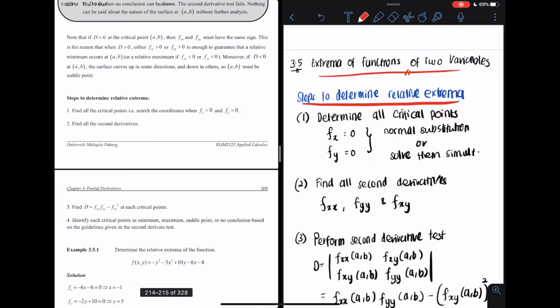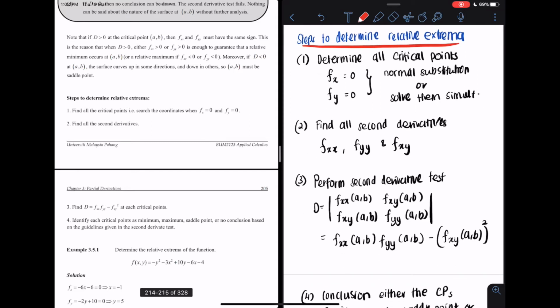Sometimes the x and y coordinates can be obtained from the first order partial derivatives, or you can solve the first order partial derivatives, equate them equal to 0, and either by using normal substitution or solve both first order partial derivatives equal to 0 simultaneously. And the second step, you have to determine all second order derivatives.